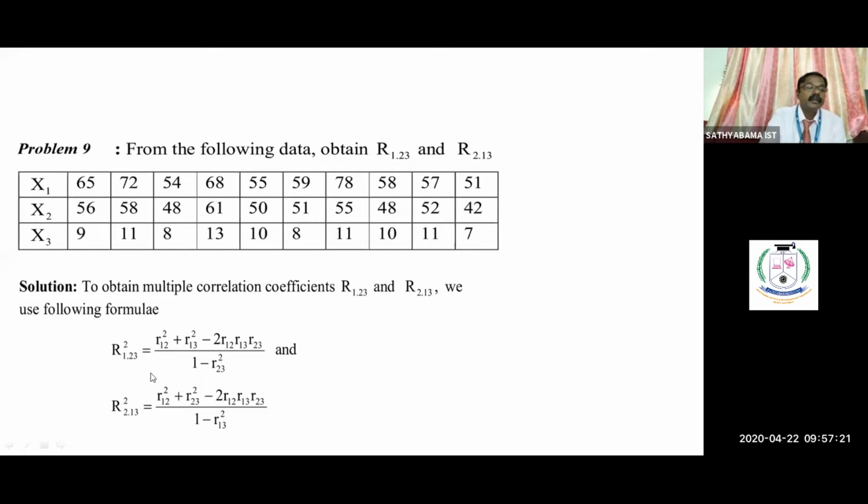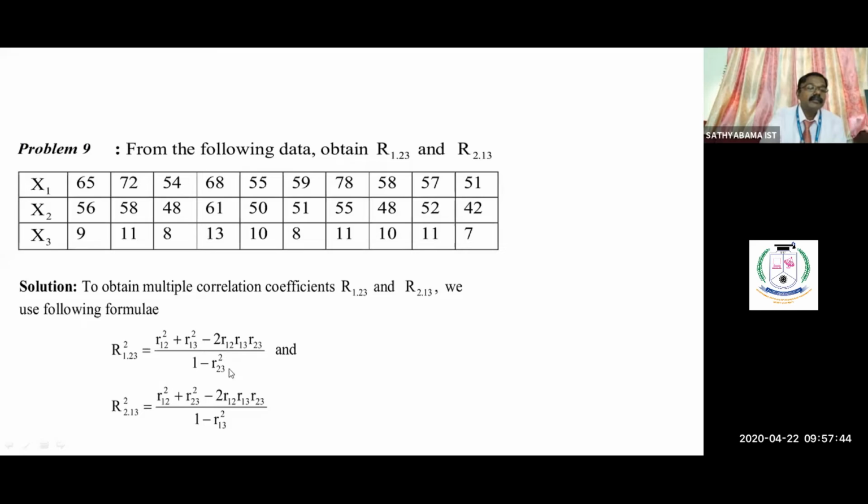r1.23 squared is (r12 squared plus r13 squared minus 2 times r12 r13 r23), divided by 1 minus r23 squared. This denominator is 1 minus r23 squared.